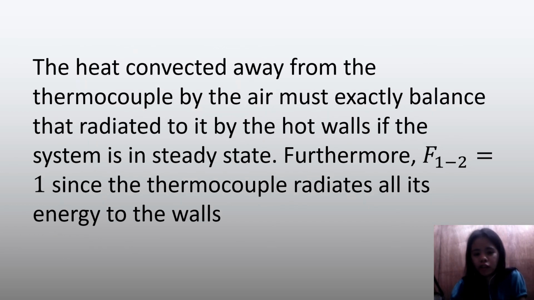So the solution: the heat convected away from the thermocouple by the air must be exactly balanced by the heat radiated to it by the hot walls in steady state. Furthermore, F_1-2 is equal to 1, since the thermocouple radiates all its energy to the wall.